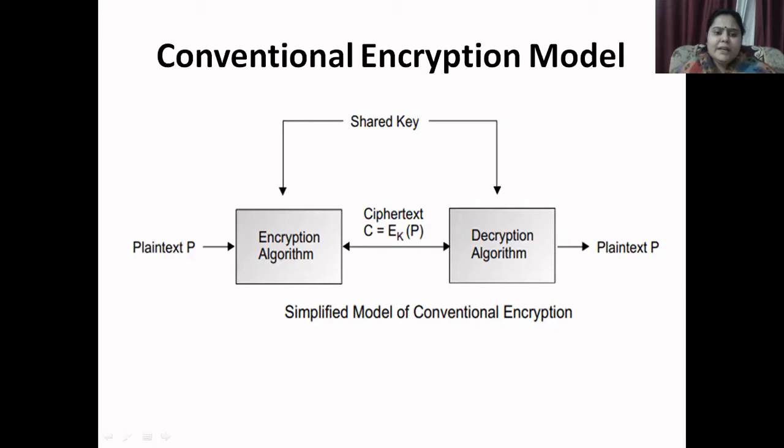In the conventional encryption model depicted in the figure, the original intelligible message is converted into a coded message, that is ciphertext. The encryption process consists of an algorithm and a key. A key is a value independent of the plain text that controls the algorithm, so the output of the algorithm depends on the specific key being employed at the time of deciphering.